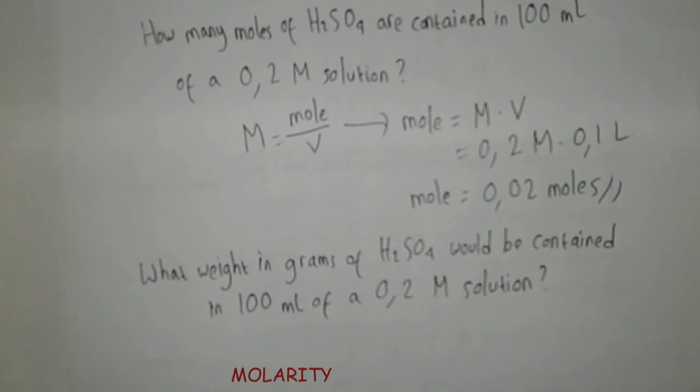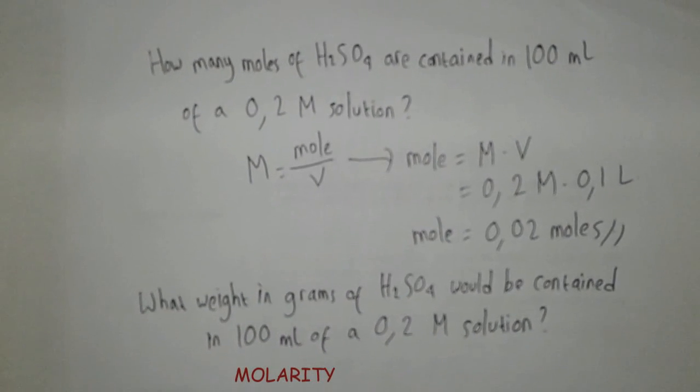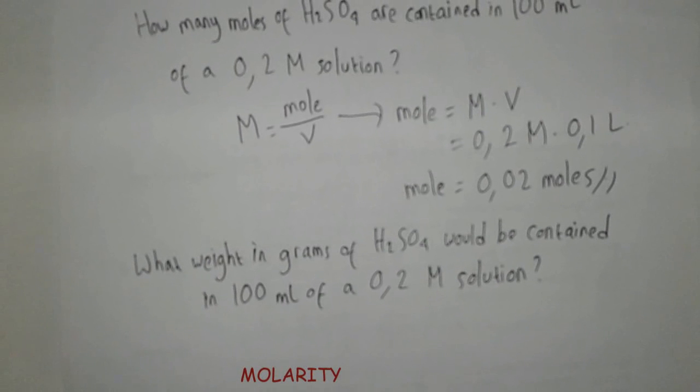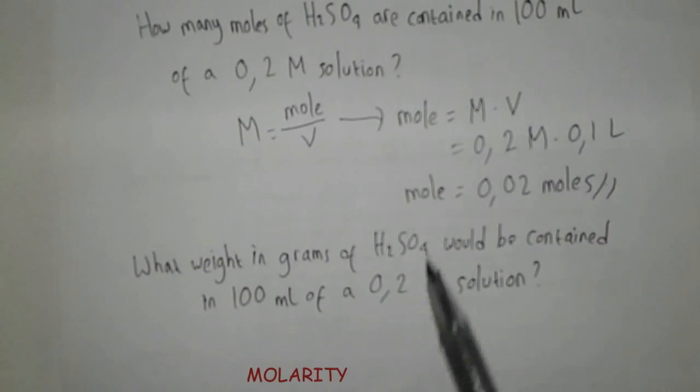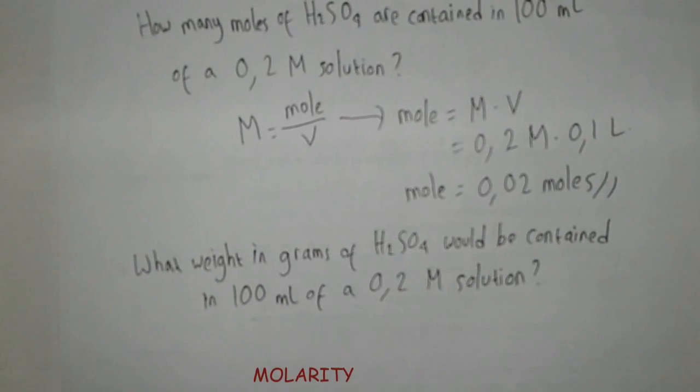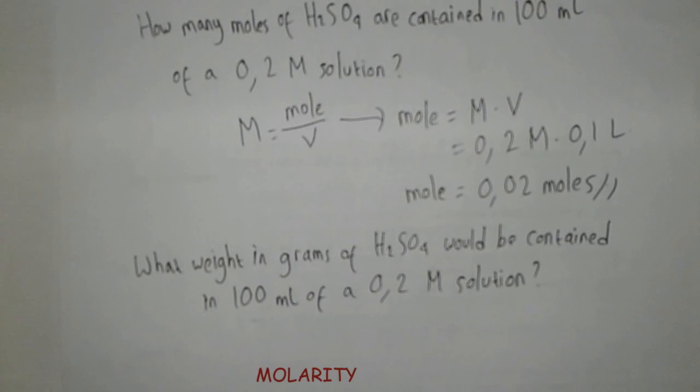You can see that the first problem and the second problem have the same situation: there is sulfuric acid contained in 100 milliliters of 0.2 molar solution. It's just the same. If we talk about weight in grams, you must remember the grams from my videos last year.